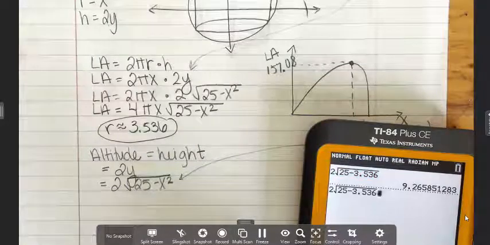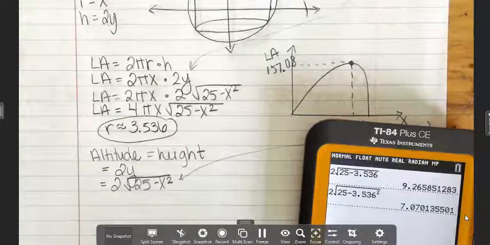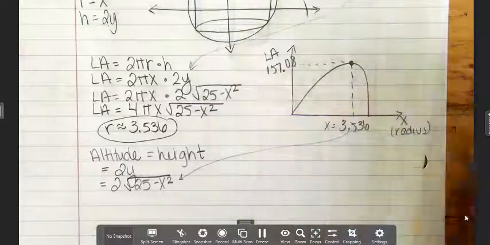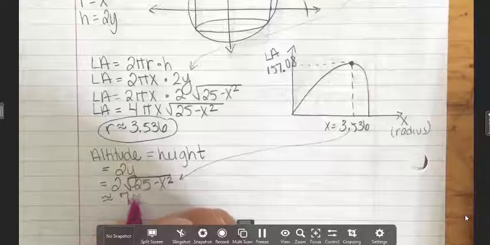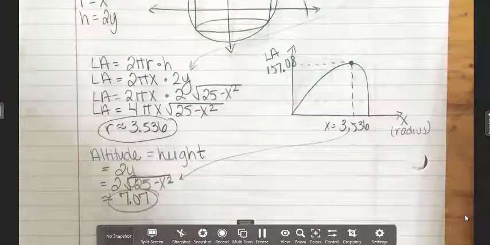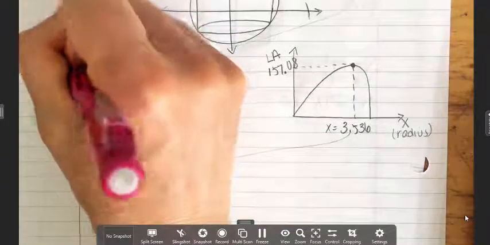Let's go back to this. I think I was supposed to square that, right? Because it's x squared. Yep, that's the problem. So we'll square that. There it is, 7.070. So approximately 7.07 is going to be your altitude or your height. I like to call it height. Okay, I think I just answered A.